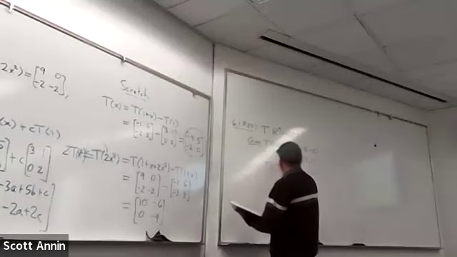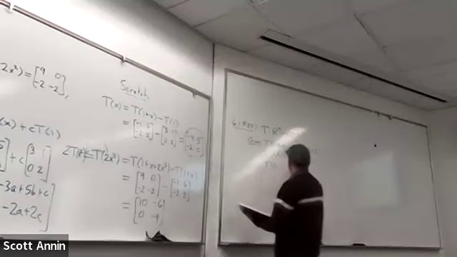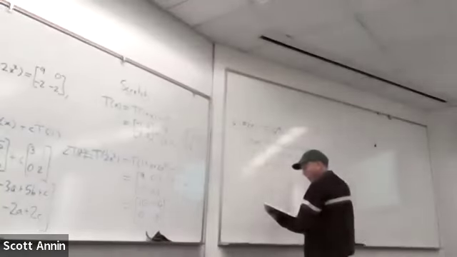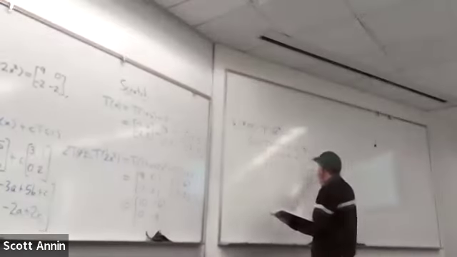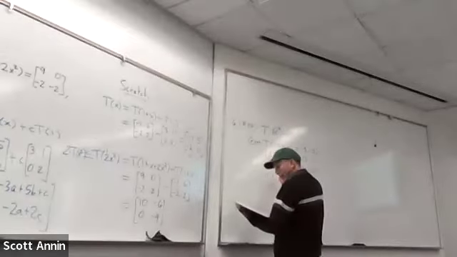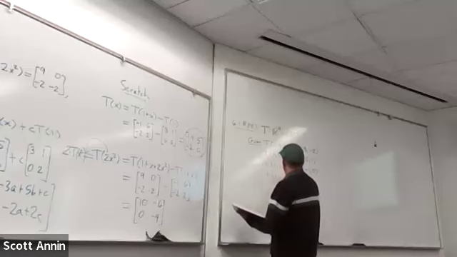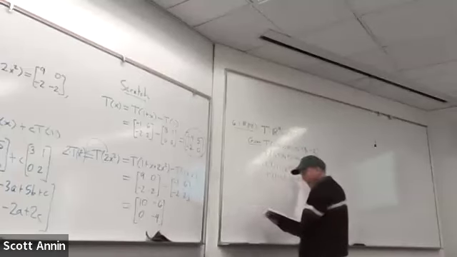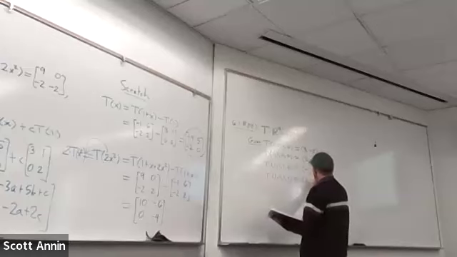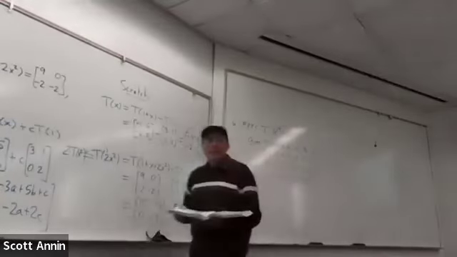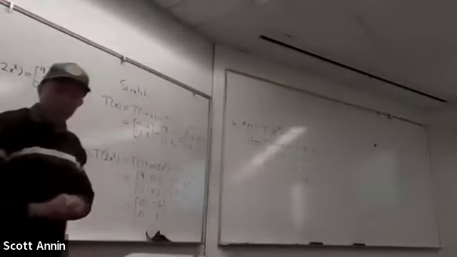And then they gave us T of (1, 1, 1, 0), and this was equal to (-1, 0). And then we have T of (1, 1, 1, 1), and that was given as (2, 2). So this is all given information, right?